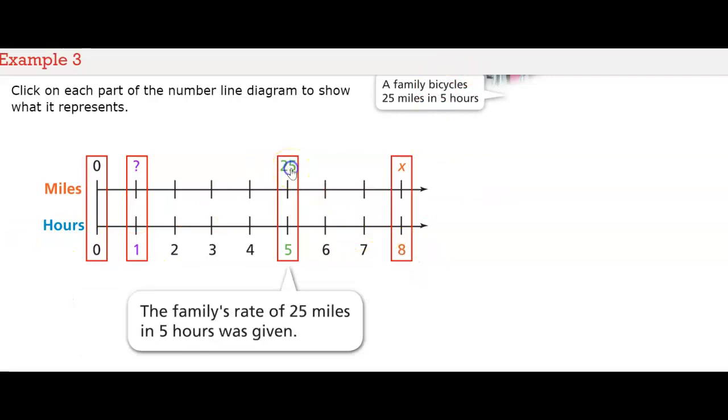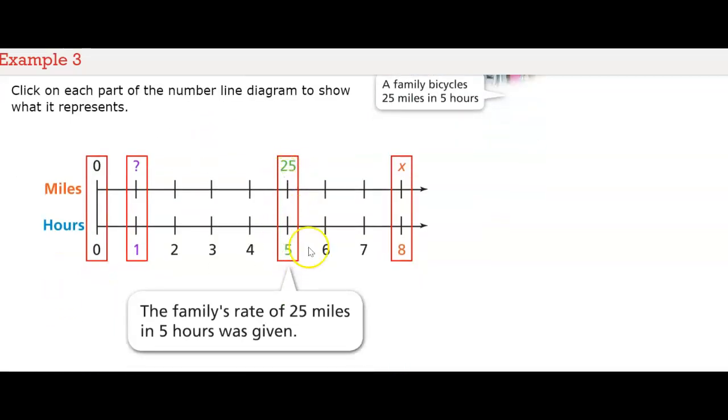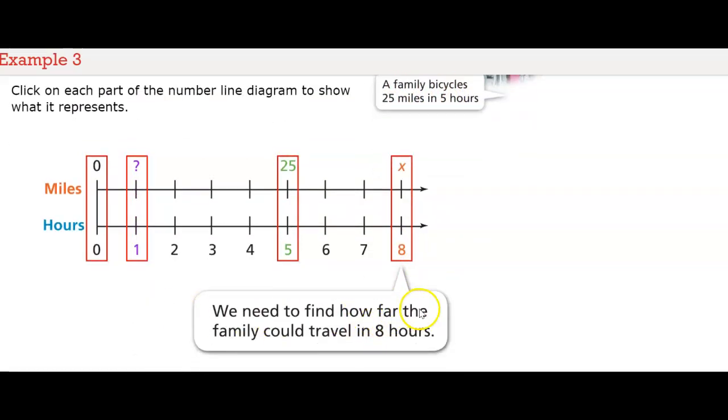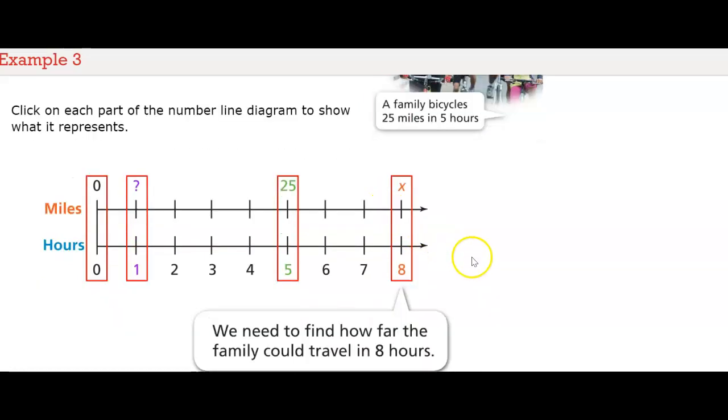We don't know that yet. And then the family's rate was 25 miles for 5 hours, given. That's what they gave us here. And then we need to find how far the family could travel in 8 hours. So we won't know that yet until we find our unit rate.